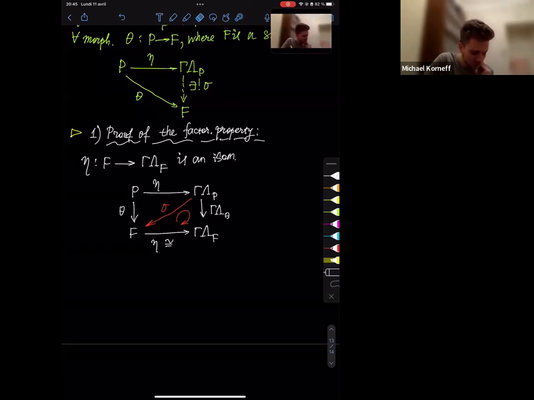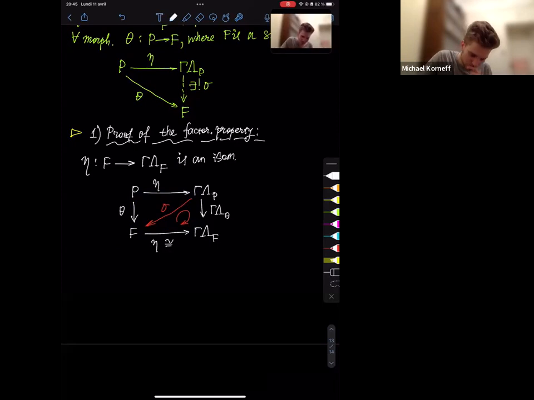Okay, and we have this diagram, and we know that this square commutes, and we say that sigma is the following composition: gamma lambda theta and eta inverse.